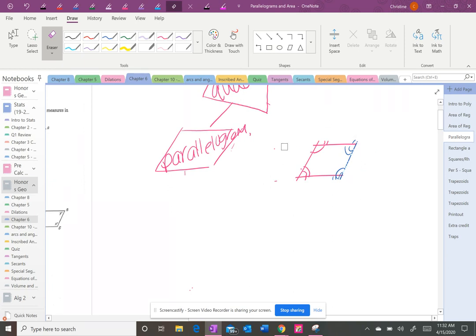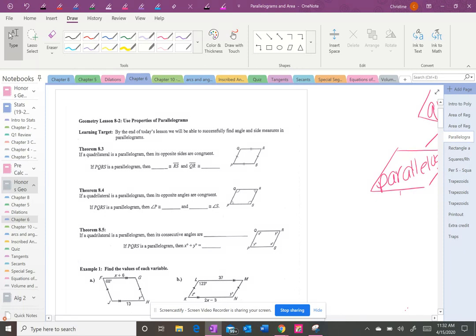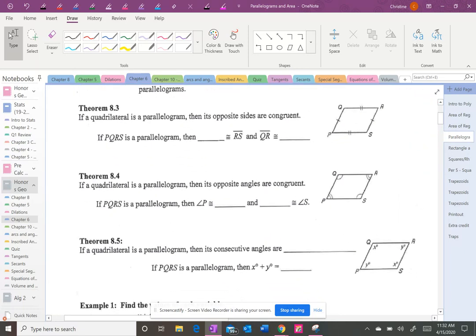And pretty much everything that you want to assume about a parallelogram is probably true. There are some specific differences when we talk about the diagonals, but for the most part, you would already have assumed that opposite angles are the same, opposite sides are the same, and so that's what we're going to talk about now. So if you have a parallelogram, the opposite sides are congruent.